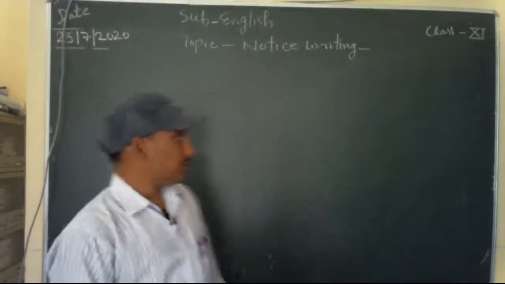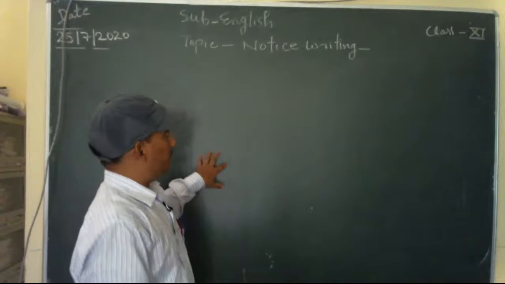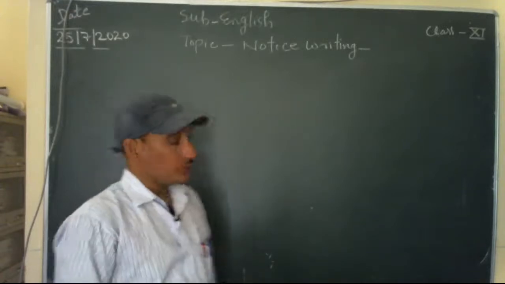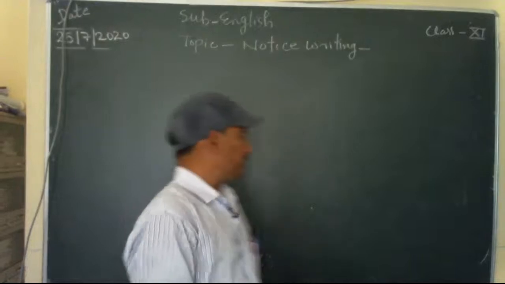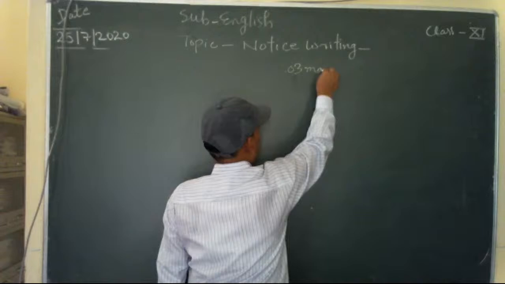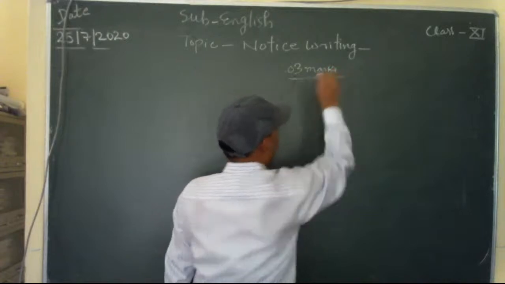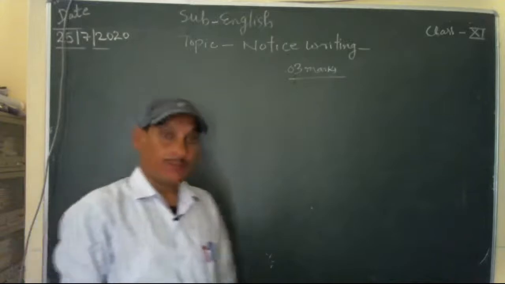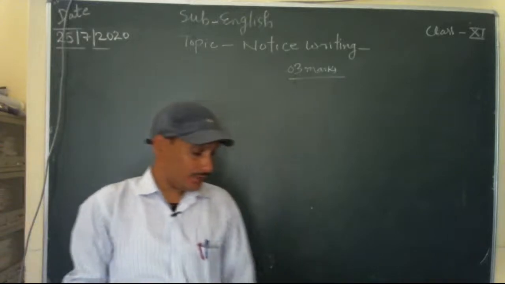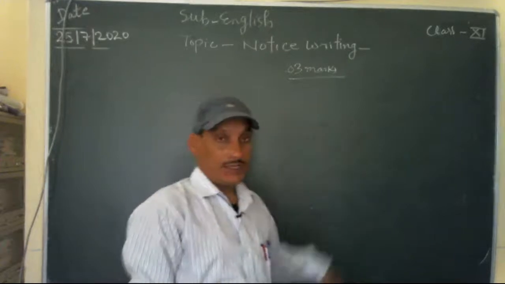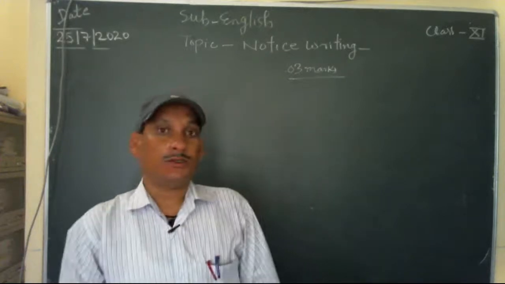Today, we will also continue notice writing, and as you know, this question carries 3 marks. So a total of 3 marks are reserved for writing notices. In the previous lecture, we have done one example of how we can write a notice.